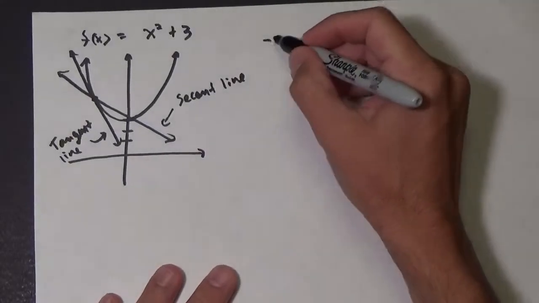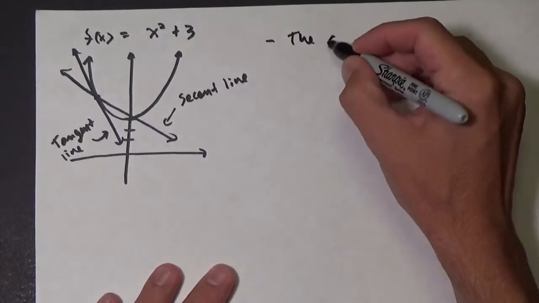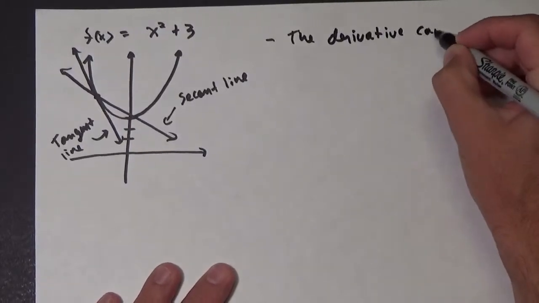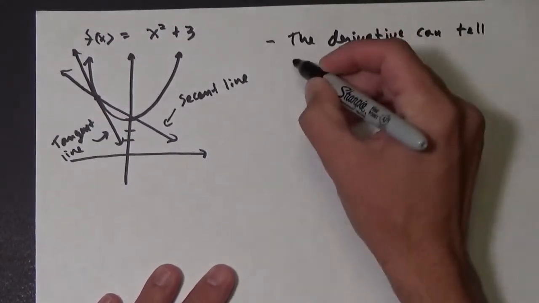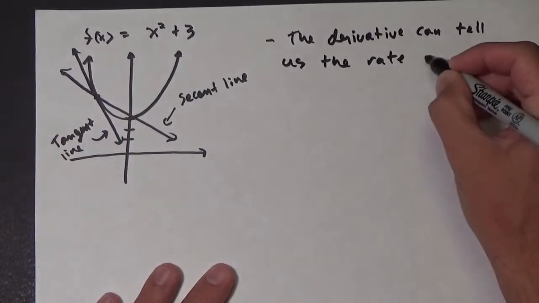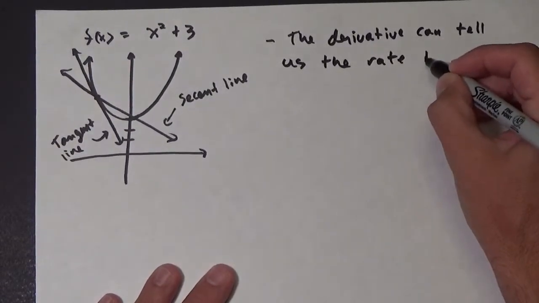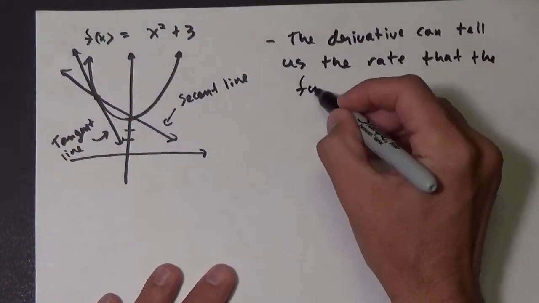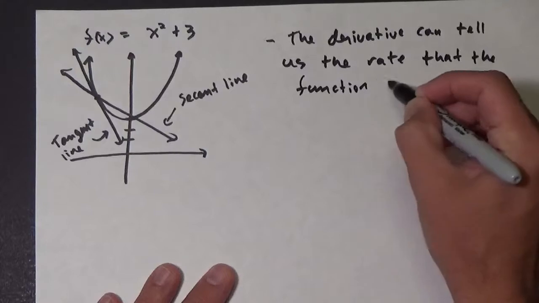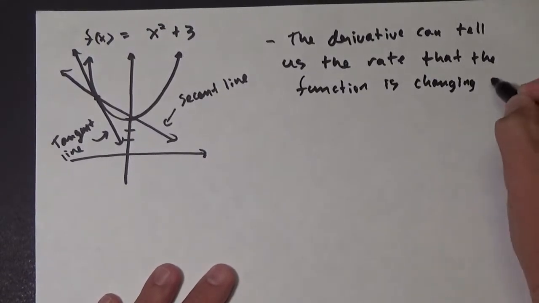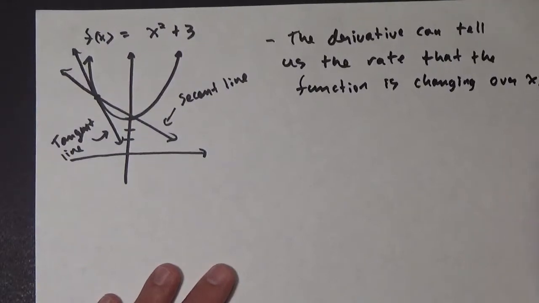So the derivative can tell us the rate of change, the rate that the function is changing over x.